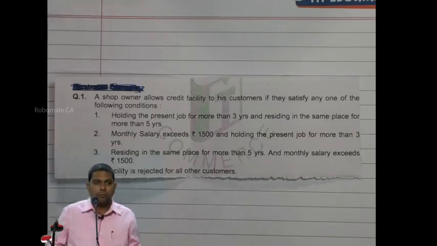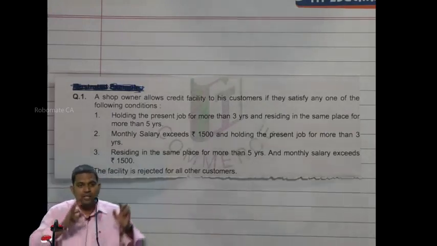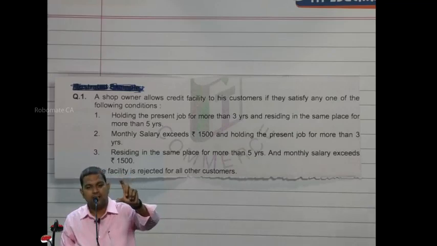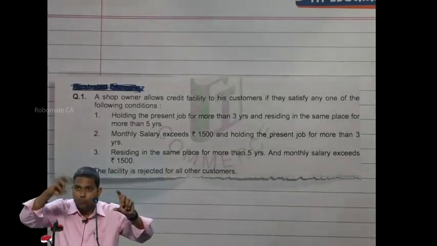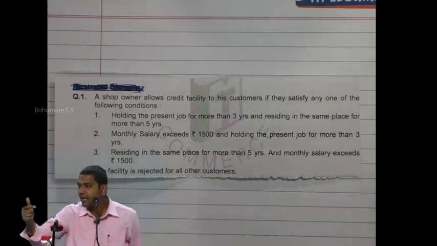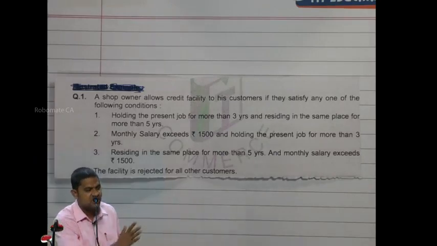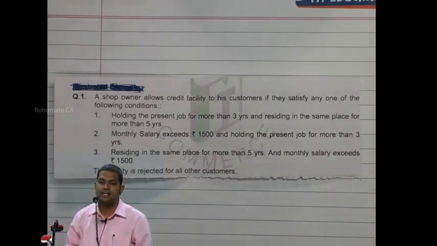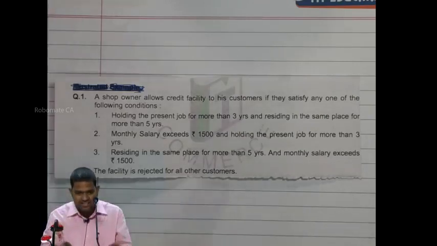So we are supposed to draw a decision table which will give you the complete picture of what the available conditions are and what the output of the condition is. Depending upon the output of the condition, the action has to be justified. All these things are shown inside a decision table. A decision table is divided into 4 parts.